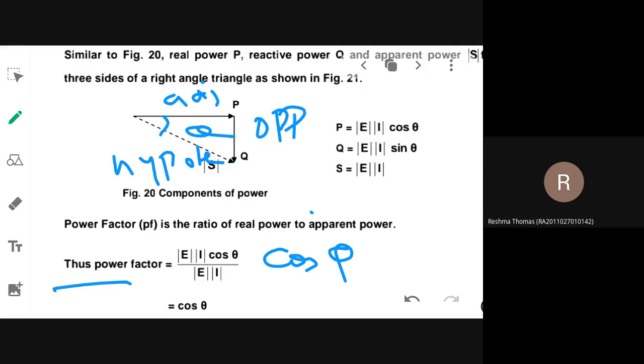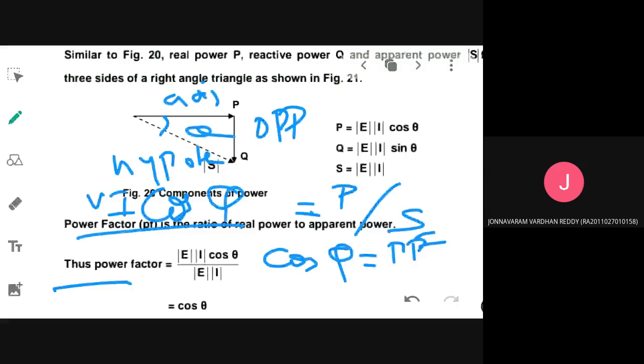What is cos phi? That is the power factor. Cos phi is adjacent by hypotenuse. Your adjacent side is P, and the hypotenuse is S. What is the formula for P? P is given by VI cos phi, divided by VI.